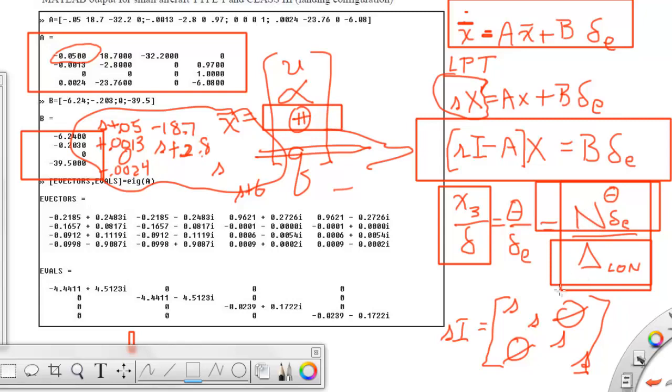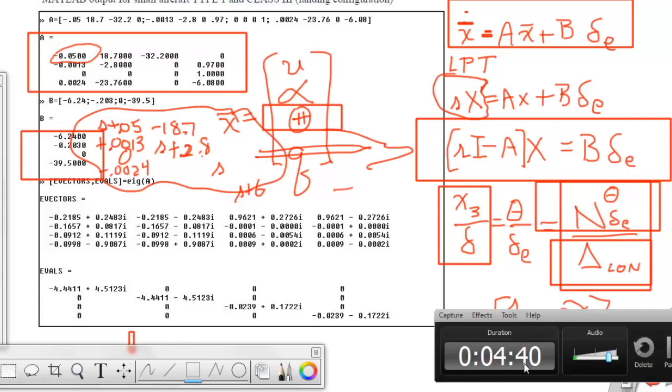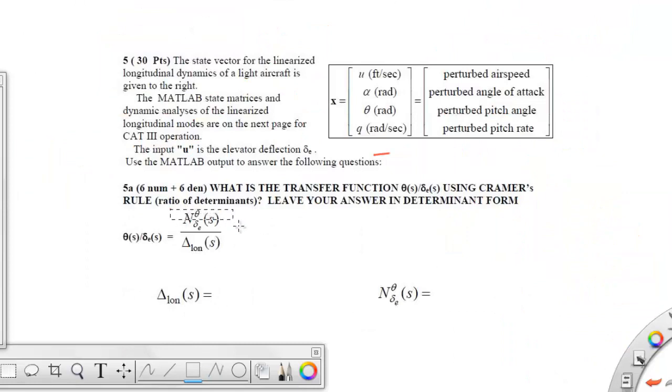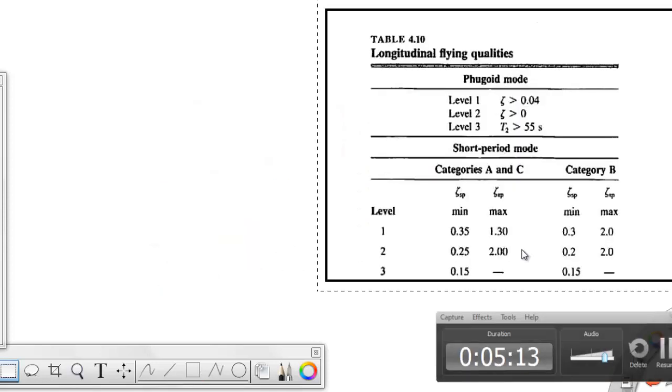That's the answer this problem is looking for. We are looking for these two terms, and that should take care of this question.